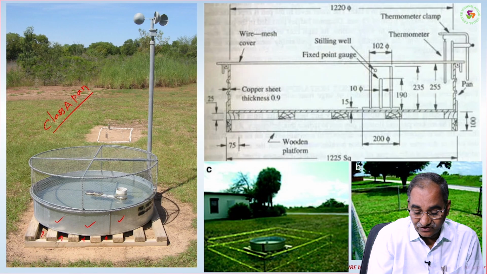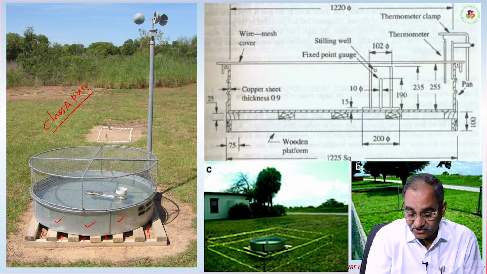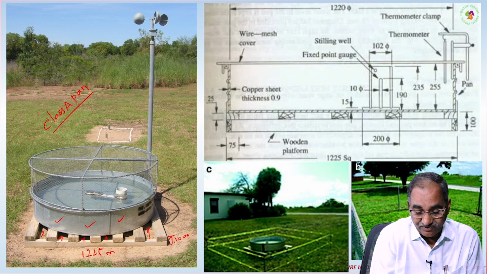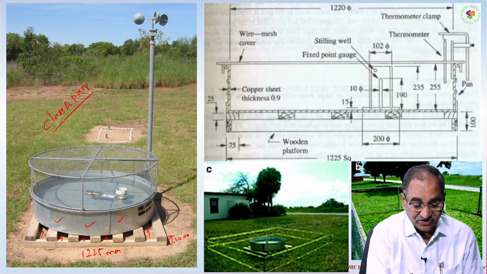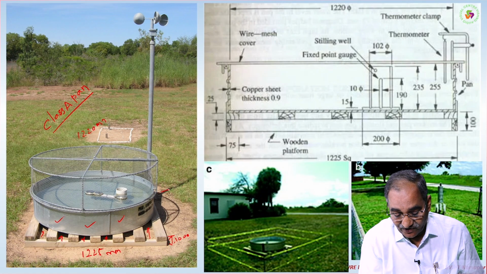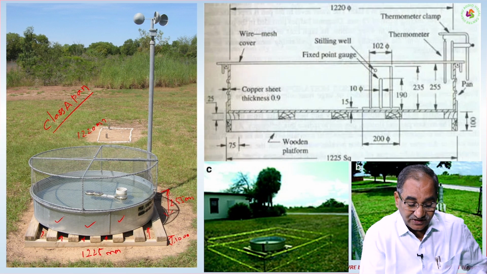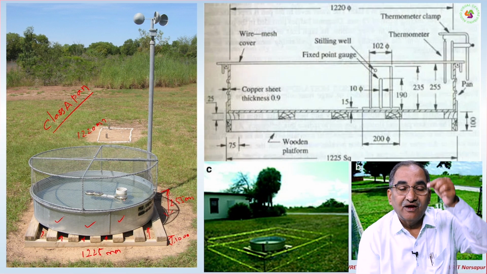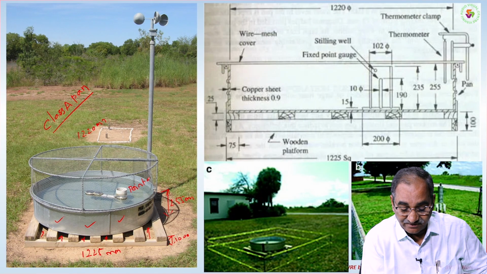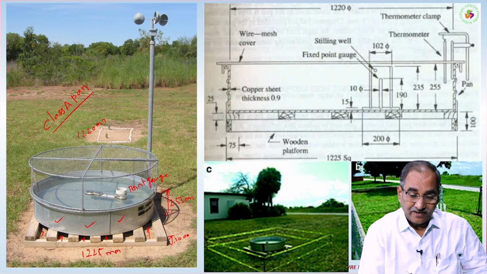So this total height is 100 mm we mentioned actually, and this is 1225 mm which we mentioned, and this diameter we mentioned as 1220 mm, and this height which we have taken is 255 mm. So inside, what is this? To measure the height of water actually. This is where the point gauge is kept, right? This is the thing.